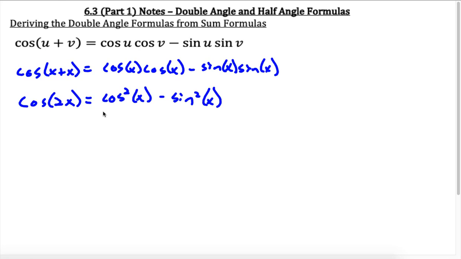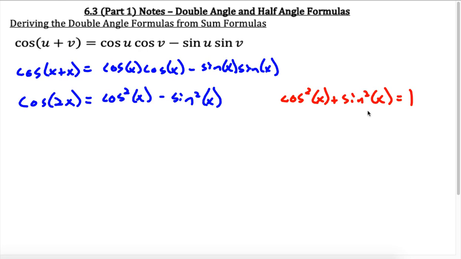Then there are a couple other forms of this. Those other forms just come from using a Pythagorean identity. We know that cosine squared plus sine squared equals 1. So what we can do is take this and replace cosine squared with 1 minus sine squared.